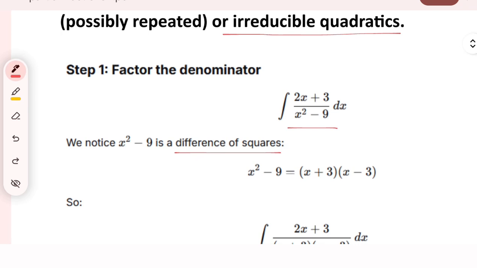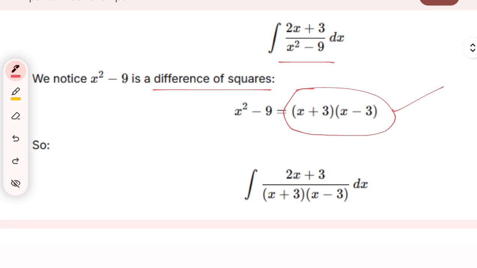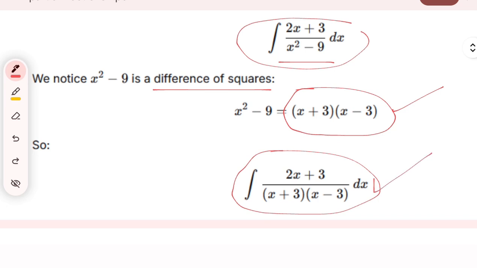We have learned already that the factors of the difference of squares are x plus 3 and x minus 3. If we put them back into the original fraction, it now becomes the integral of (2x + 3) divided by the factors (x + 3)(x - 3) dx. So what should we do next?